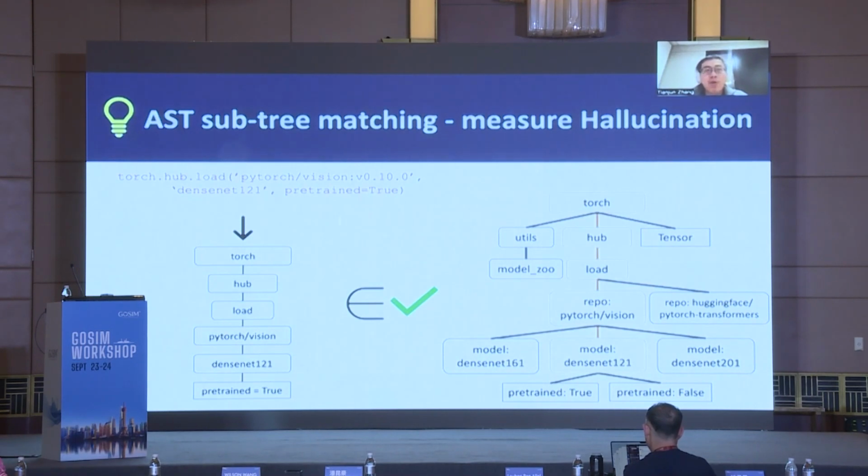Like in Python, we have default arguments, arguments with default values, and also arguments where you specify the argument name and the actual value with the equals sign, but we can also just specify the value without actually writing the argument name. So using the AST tree makes the evaluation method more tolerant of these minor changes than exact string matching.